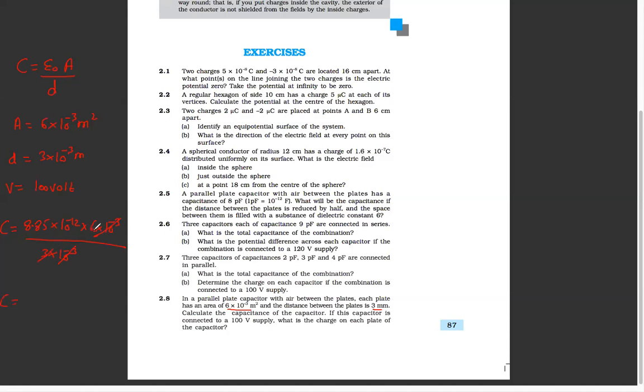This 3 will cancel this 2. And this C comes out to be 8.85 into 10 raised to the power minus 12 farad.